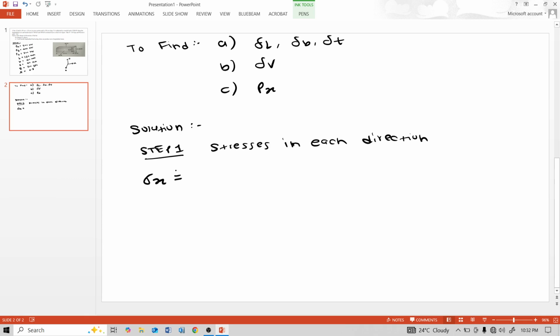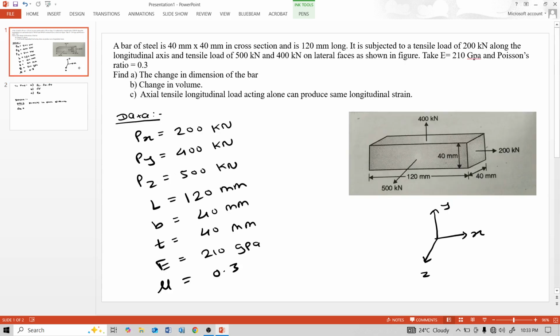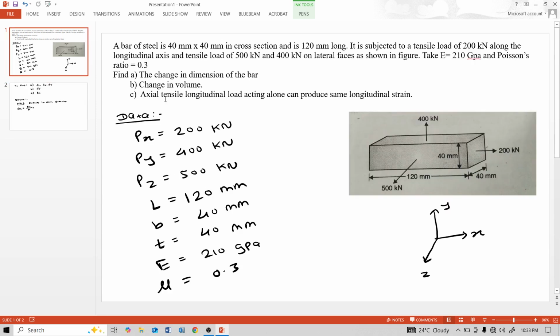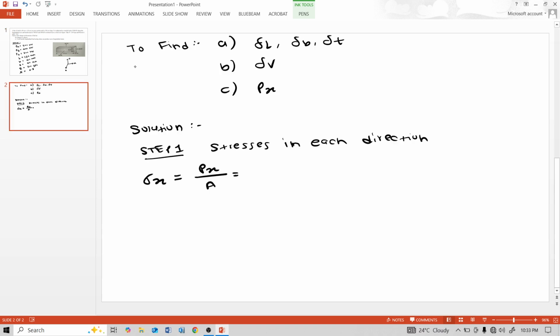Stress is load upon area, and the load in x direction is 200 kilonewton, divided by area. And this C, the axial tensile longitudinal load acting alone that can produce the same longitudinal strain, means this Px is acting alone.